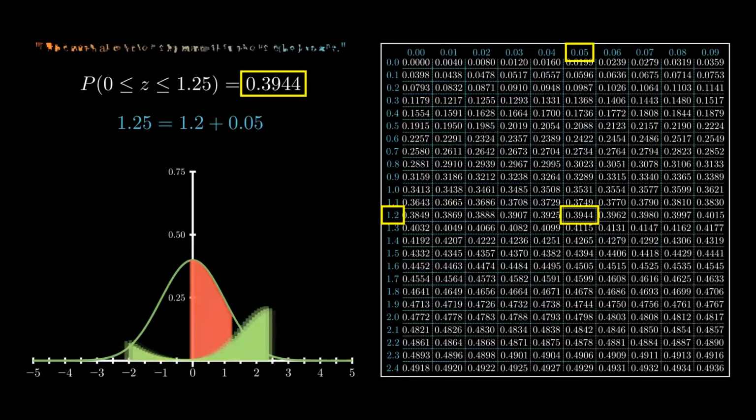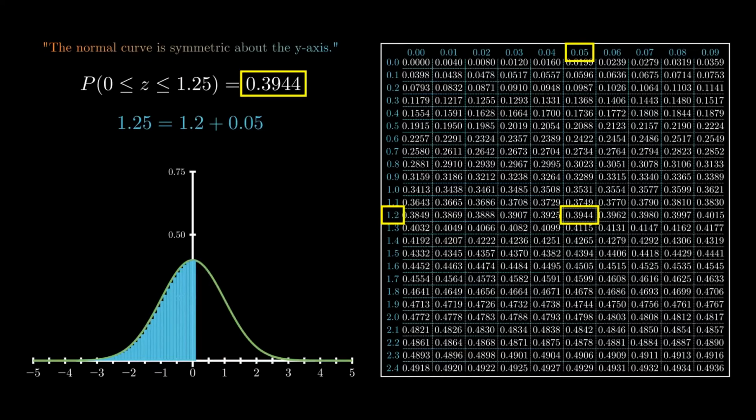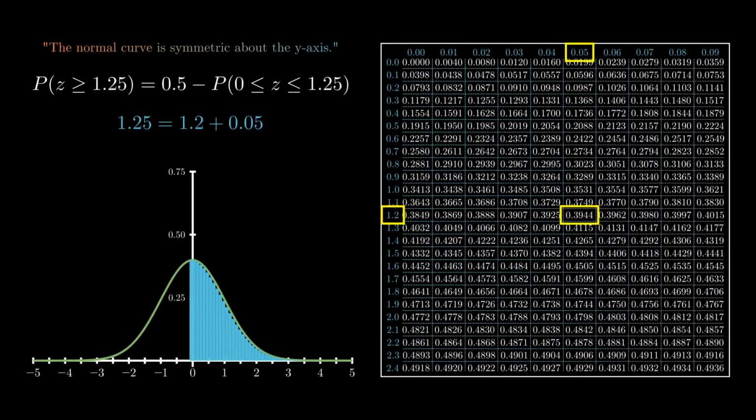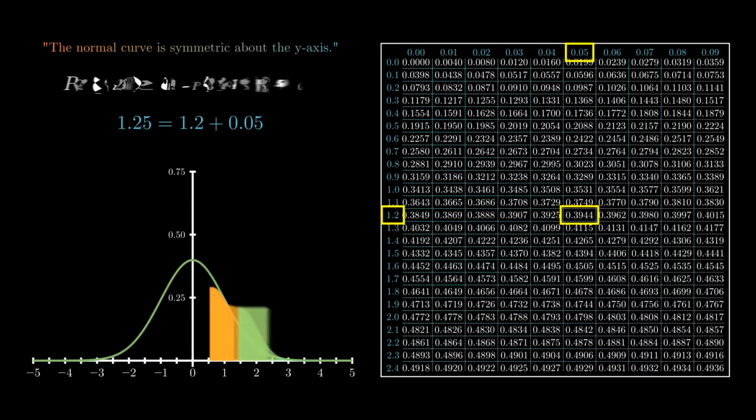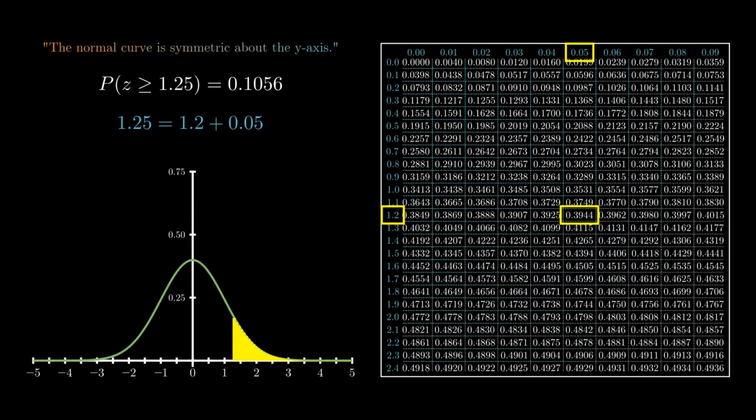Also, we need to remember that the normal curve is symmetric about the y-axis, such that the area on the right and the area on the left are equal to each other, which is half of the total of 1, so 0.5. To solve this, we subtract the probability we got earlier, which is in red, from half of the total area under the normal curve, which is 0.5. By proceeding with the subtraction, we arrive at an answer of 0.1056, which is the area of the right tail that we're looking for.